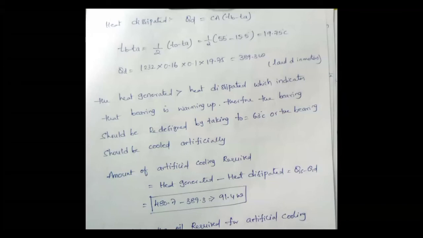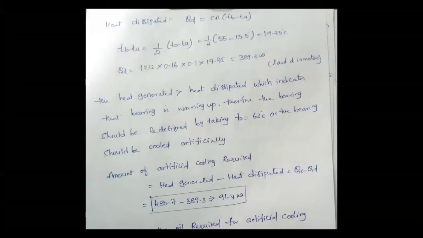T0 value and Ta value are already provided in your given problem data: 55 degrees and 15.5 degrees centigrade. Now calculate the heat dissipation coefficient value. The heat dissipated value will be 389.3 watts.